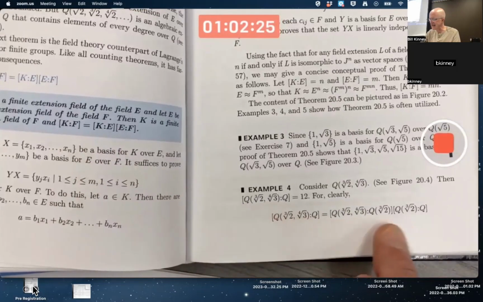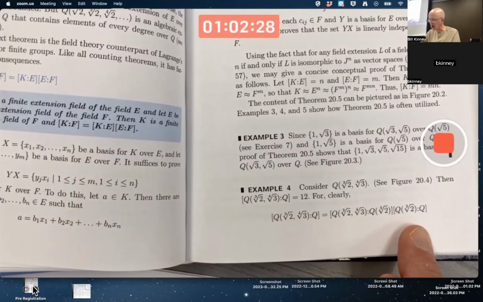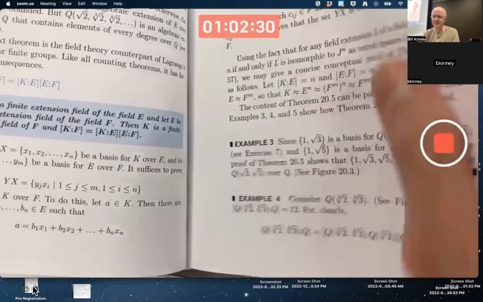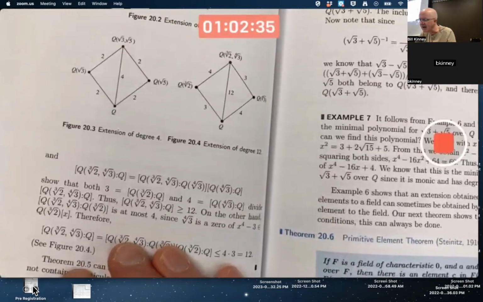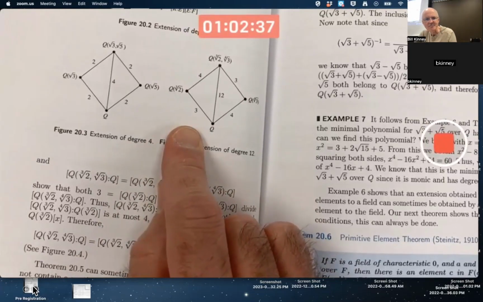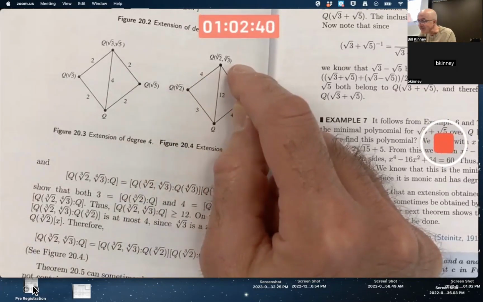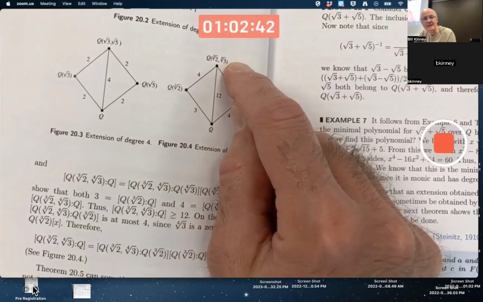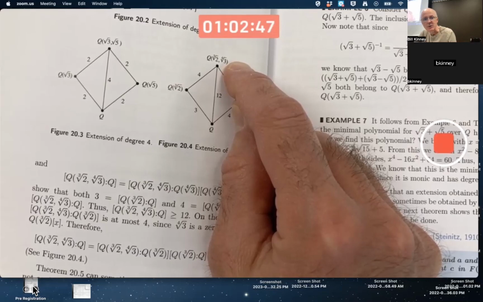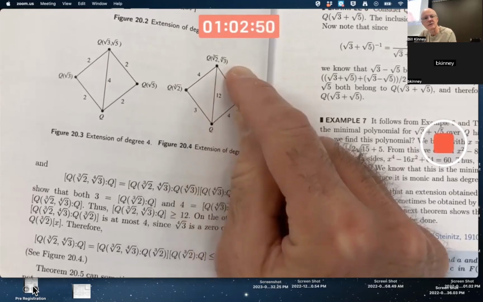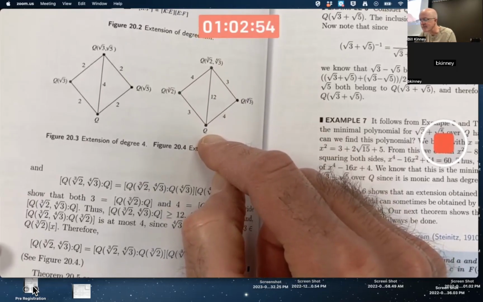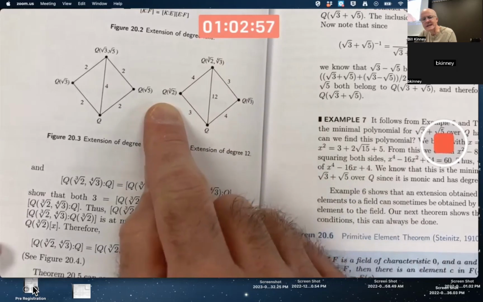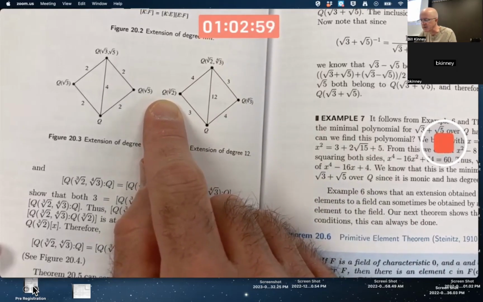To understand all this stuff, look at a picture. We got this extension field we're thinking about here that we want to show is degree 12, a 12-dimensional vector space over Q. There is an intermediate field here, Q adjoin cube root of 2.